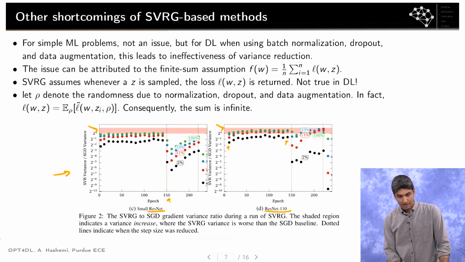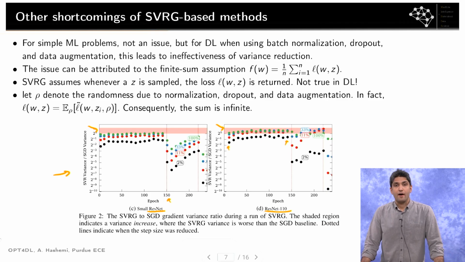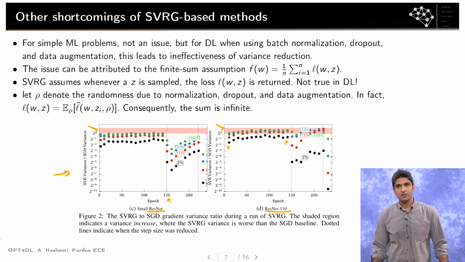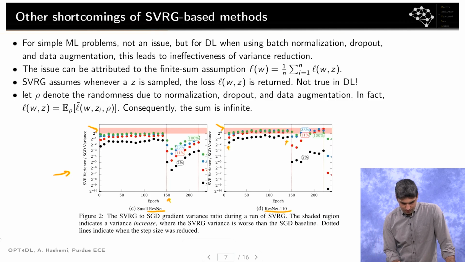The issue also can be attributed to the fact that the SVRG algorithm is an epoch-based method, meaning that we only update the reference point once in a while, such that when we are updating the parameters, they're going to update so rapidly that the reference is not going to be a very good reference anymore in the context of deep learning. Okay, that's why we may see an increase in the variance. But this is actually a very subtle point.